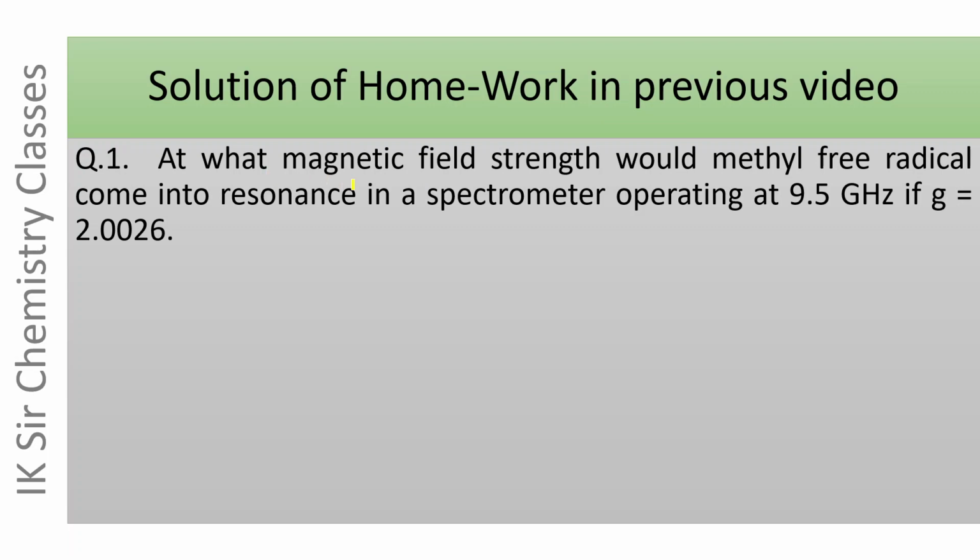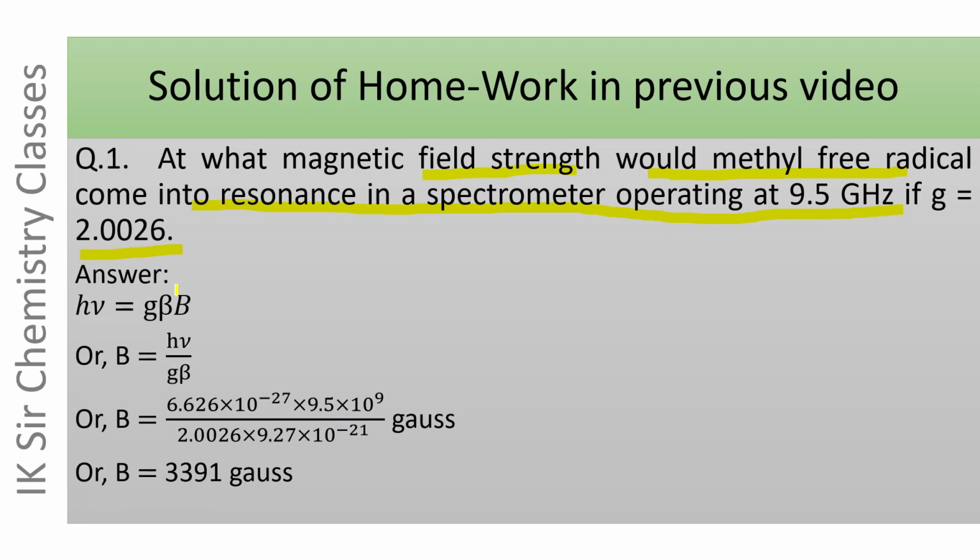At what magnetic field strength would methyl free radical come into resonance in a spectrometer operating at 9.5 gigahertz if the G value is 2.0026? Its solution is given here. We already know that this is the resonance condition.